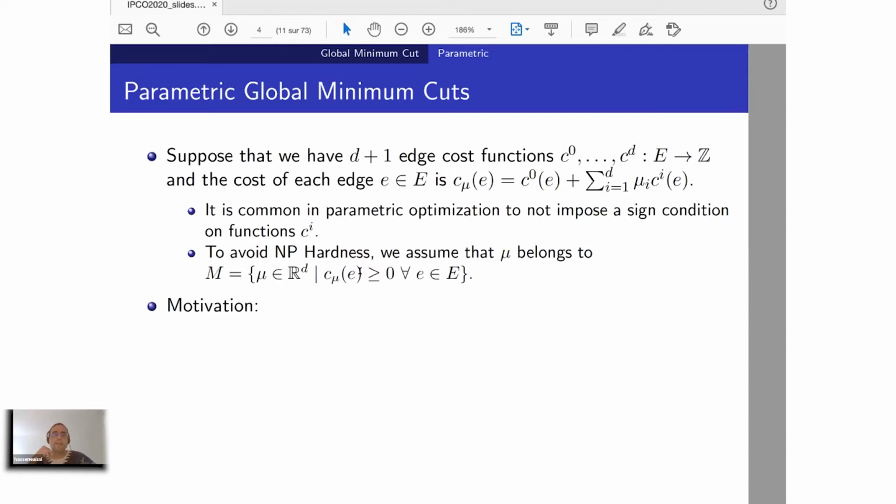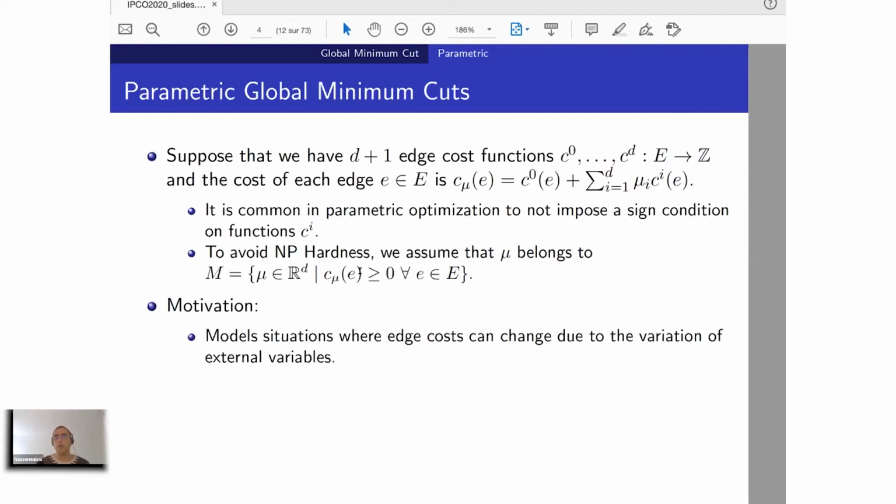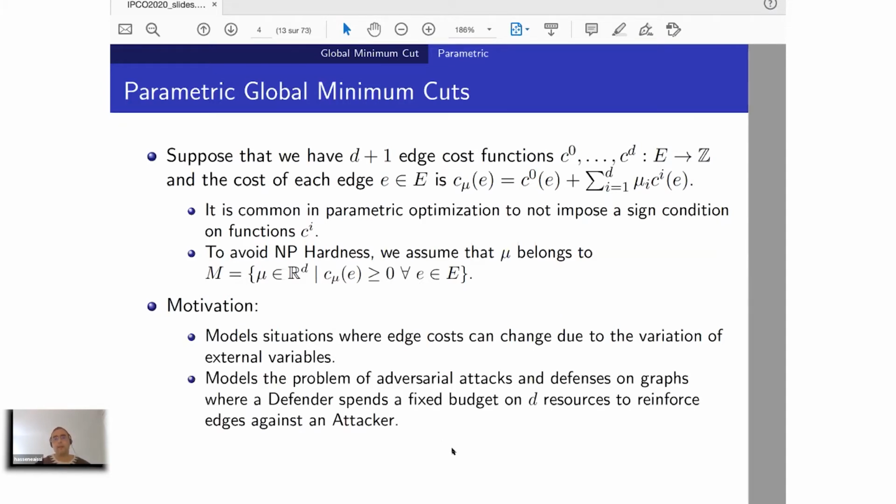So why is it interesting to consider parametric global min cuts? Because in some situations, the edge costs may vary because of external variables. Think of mu i and the cost ci. Also, in other contexts, we can model the problem of attack and defense on graphs.